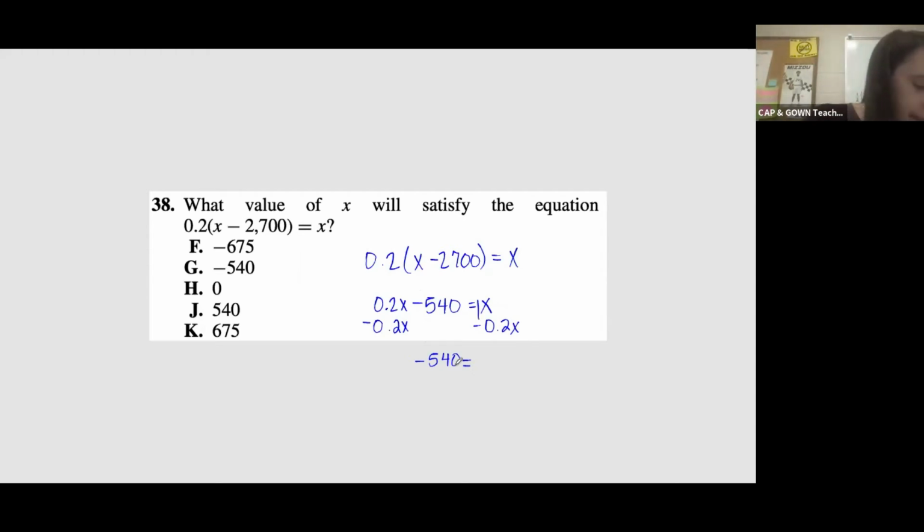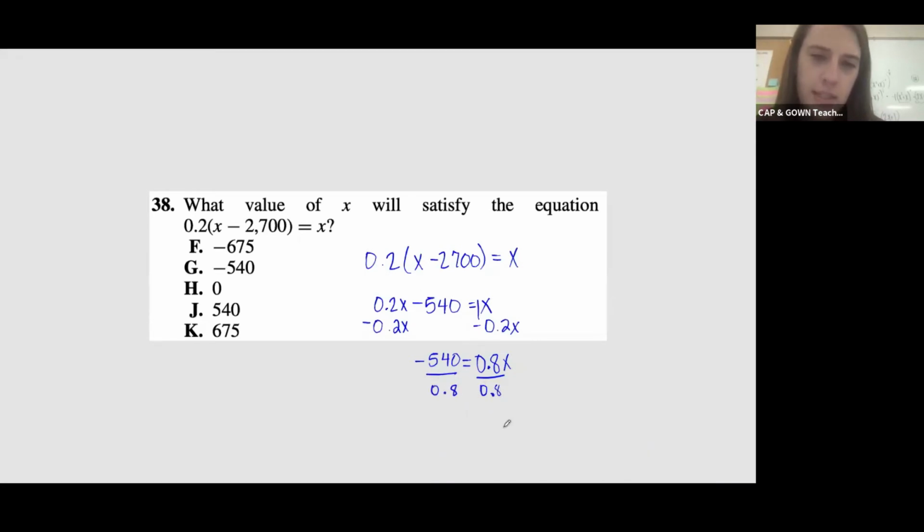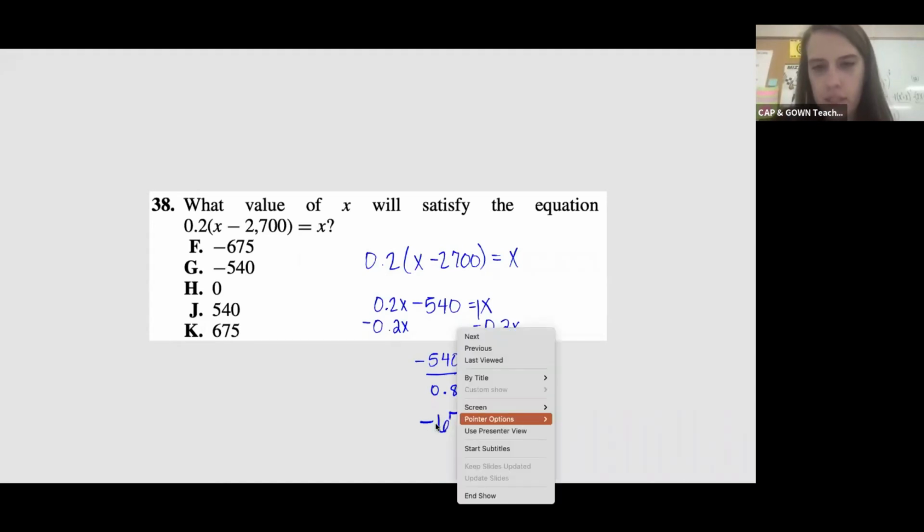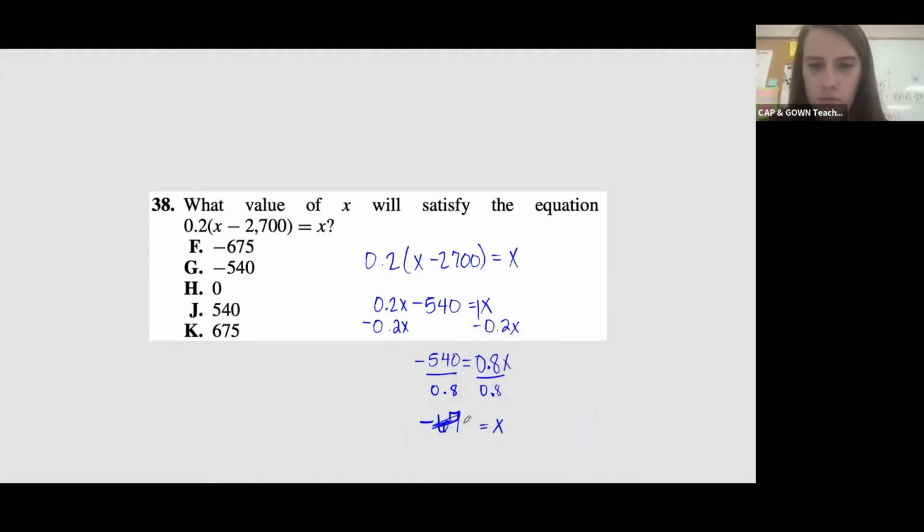This is 1 minus 0.2, which is 0.8, 0.8x, divide by 0.8 on both sides, then x equals negative 675. Oh no, I pressed the button on my pen, sorry. Negative 675.